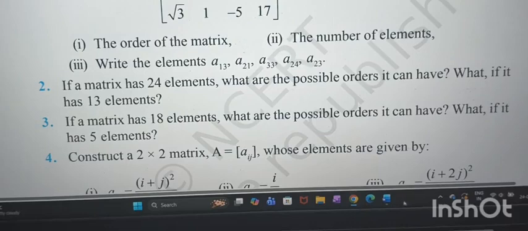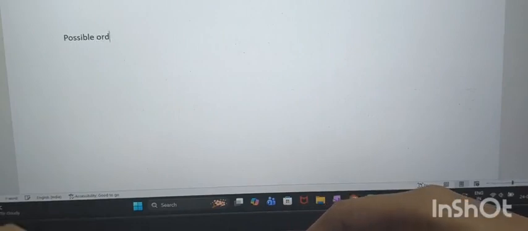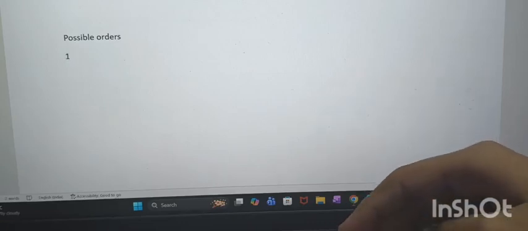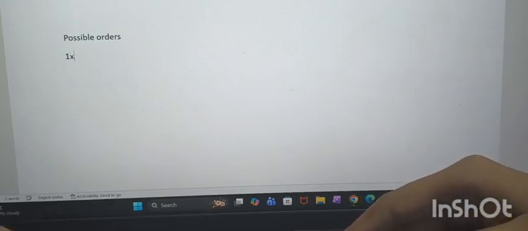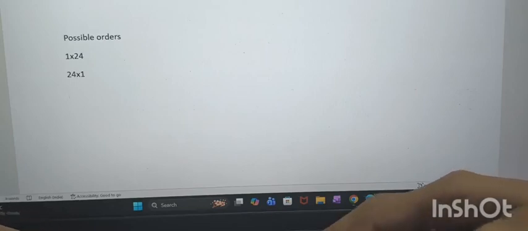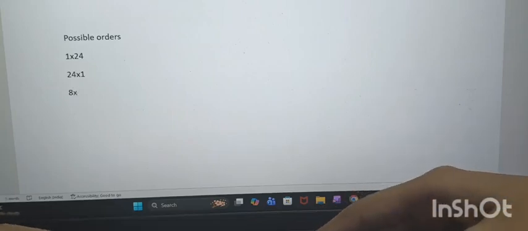So if you have to mention them, you can simply write possible orders. So what would they be? Number 1 can be 1 cross 24, and then 24 cross 1 is also possible. And then we have 8 cross 3, and then 3 cross 8.